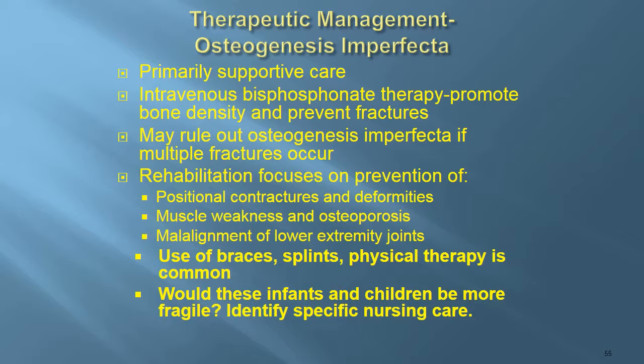Rehabilitation focuses on prevention of positional contractures and deformities, muscle weakness and osteoporosis, as well as malalignment of the lower extremity joints. Braces, splints, and physical therapy are commonly used.